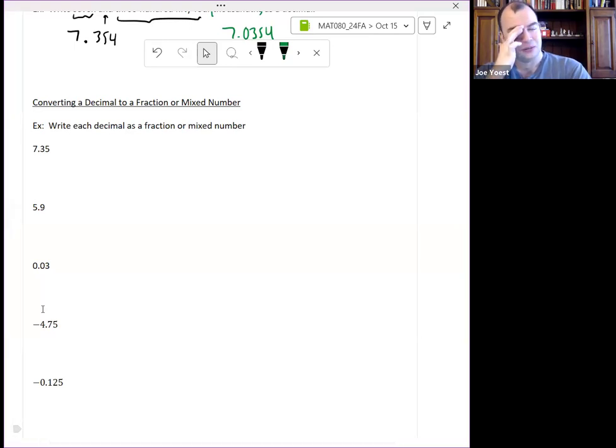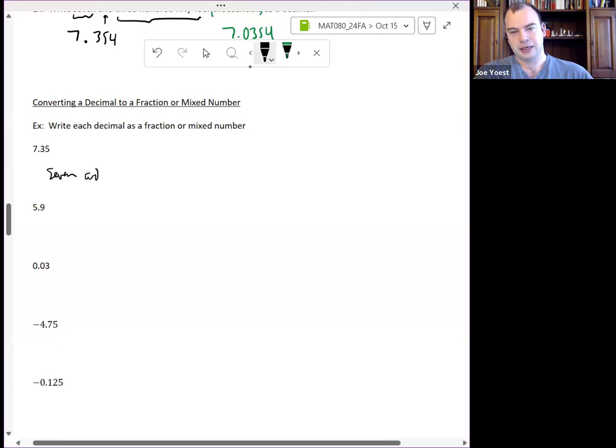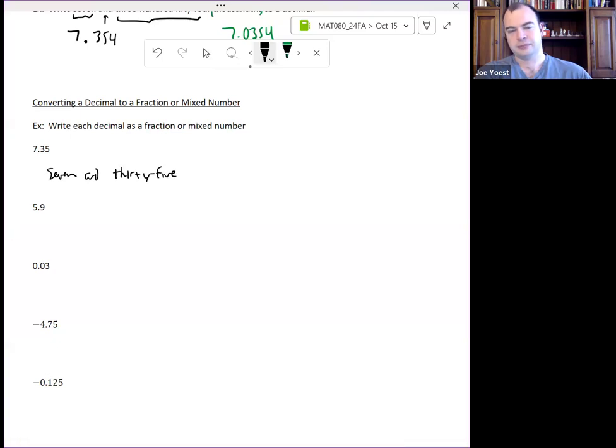Let's take each of these decimals and write it as a fraction or a mixed number. So 7.35 is 7 and 35. Well, that's the 10th place, the 100th place, 35 hundredths.